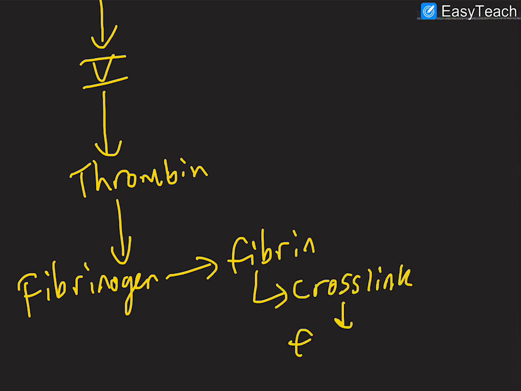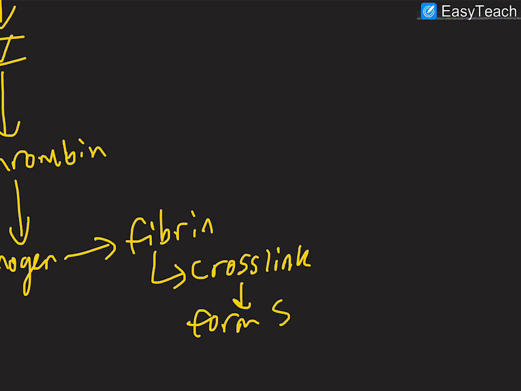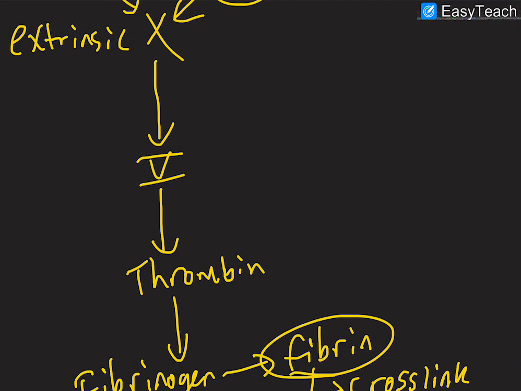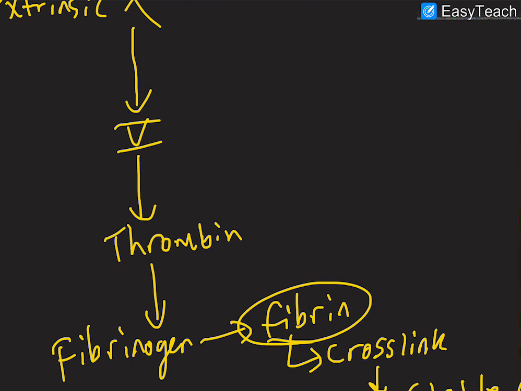And form a stable clot, basically. So you need fibrin, right? And the only way you're going to get that is through the intrinsic, extrinsic, and common pathway.